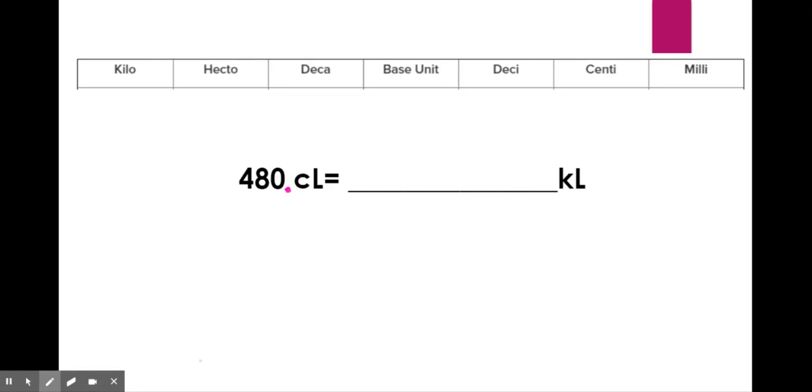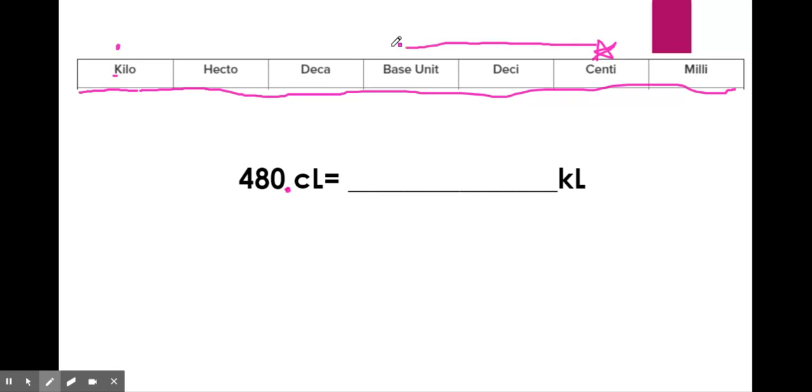Centiliters is here, so we're going to put a star, and you can recreate this image by using the mnemonic we talked about at the beginning of the lesson. King Henry died by drinking chocolate milk. You take the first letter and use it for your prefixes. All right, so we're going from centi to kilo. I'm going to put a dot here. We're moving from here to here, so we're moving to the left. So our decimal is going to move to the left.